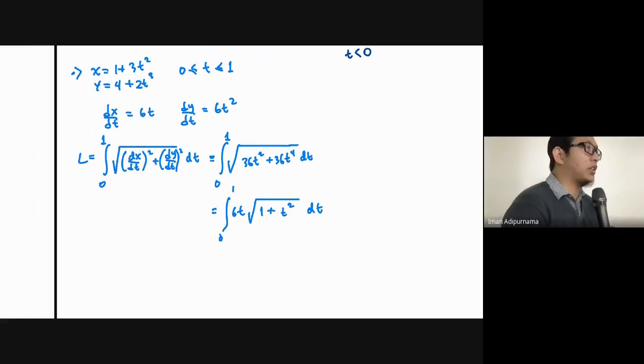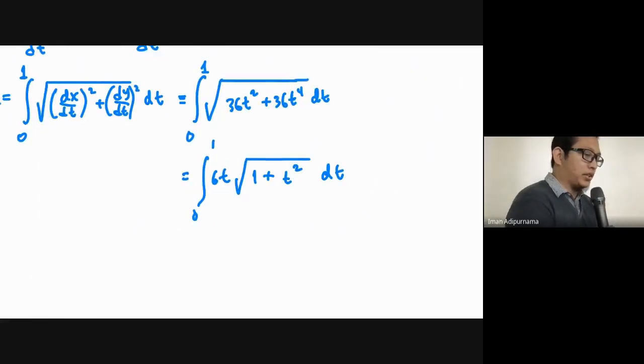Now to solve this, we need some method from calculus 1. Okay. We can substitute this whole thing here. So du is 2t dt.